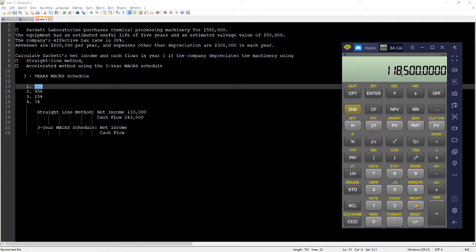They give us $118,500. And then we're going to multiply it by our effective annual tax rate. And remember, it's 1 minus the effective annual tax rate, because that shows how much we keep. So 1 minus 0.3 is 0.7. So multiply this by 0.7. And for that year's net income, we get $82,950.